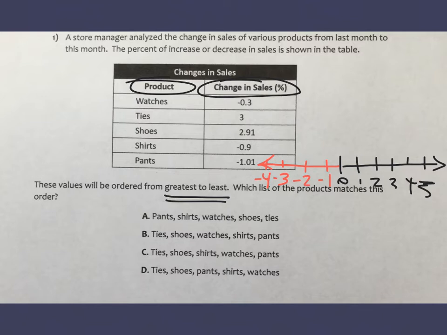Let's start with -0.3, or -3/10. So -3/10, not quite -1, all right? -3/10 would go about here. 3 would go way over here, right? 2.91. More than 2, in fact, fairly close to 3. Looks like it would go about right here.